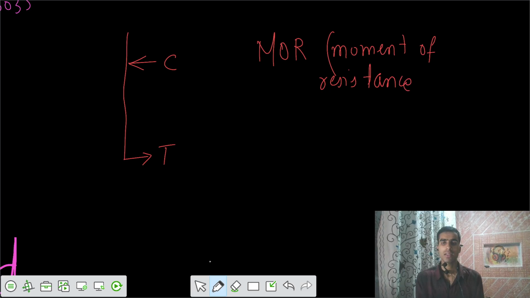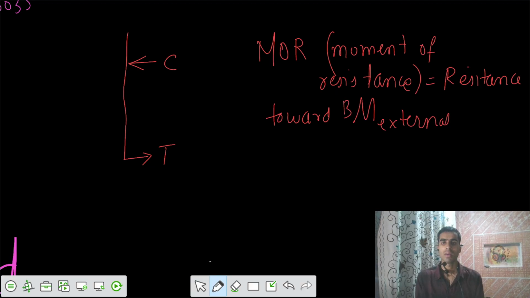So this is the resistance towards external bending moments, because of those loadings.